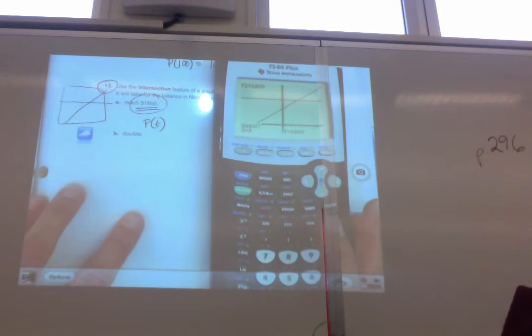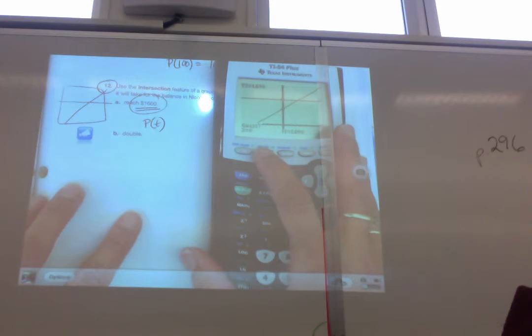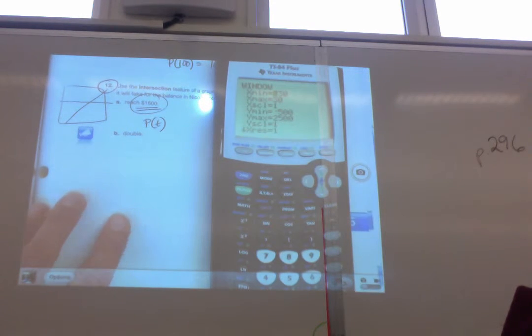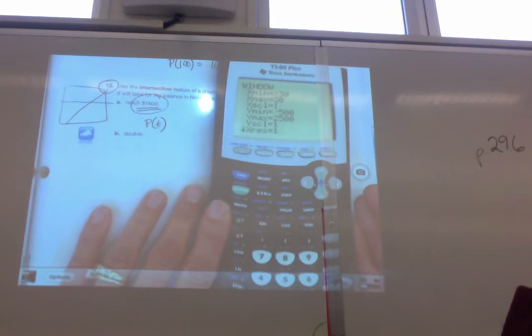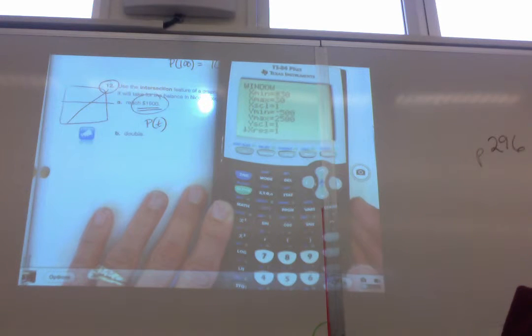Hey, folks, when in doubt, this window did this for me. What I did to a lot of your calculators is go and make -20, +20 scale 1, -20, +20 scale 1, graph, okay, zoom 0.